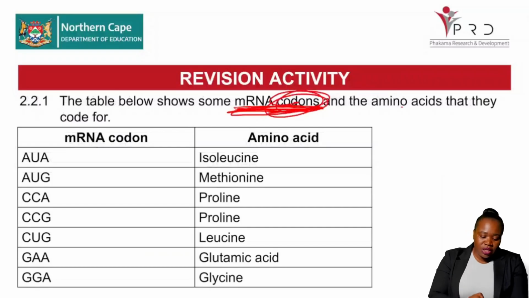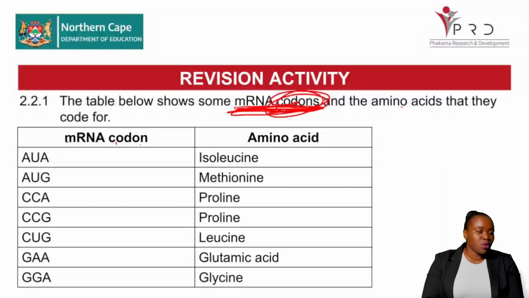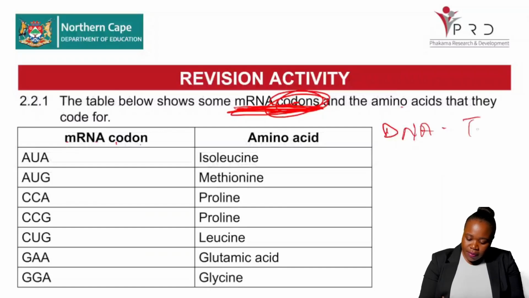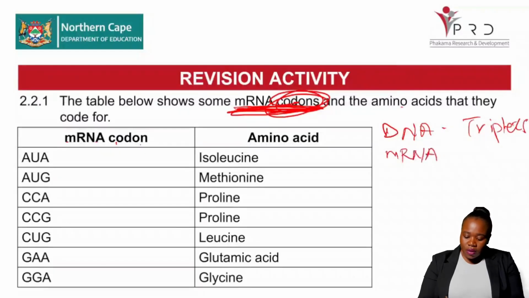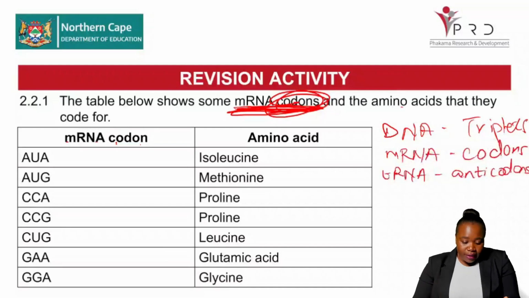Remember, in another question, it might say tRNA anticodons, or it might say DNA triplets. Remember, in DNA, we have triplets when we are looking at the 3 nitrogenous bases. In mRNA, we have codons, and in tRNA, we have anticodons.